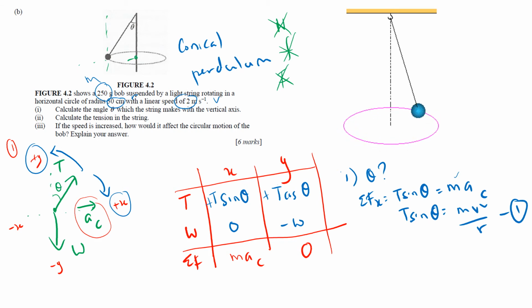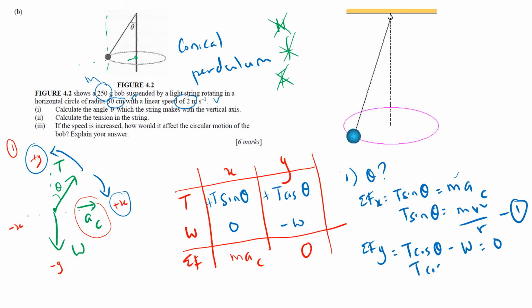Okay, first equation done. The second equation is Fy. Based on this, T cos theta minus W equals 0, so my T cos theta equals mg. This is my second equation. I want to make it tangent theta, which is sine divided by cos.